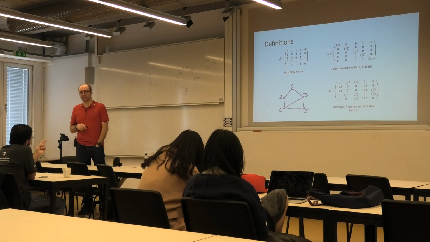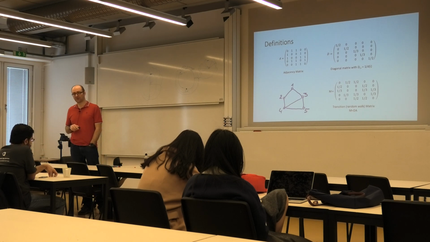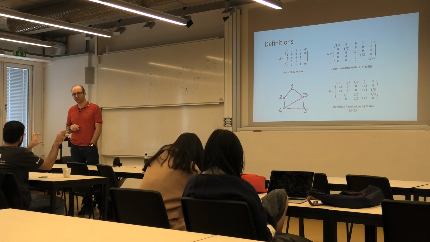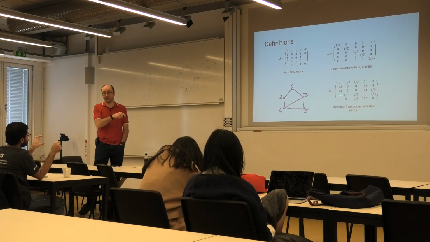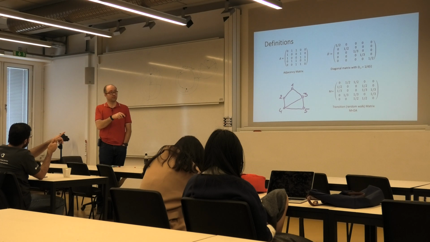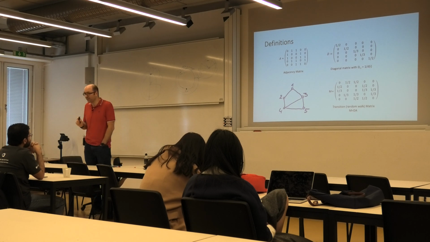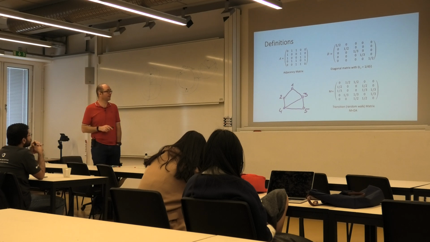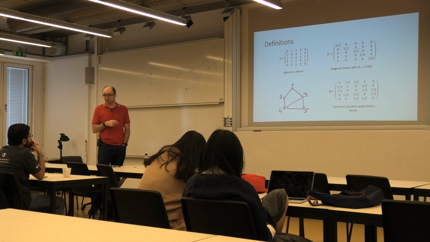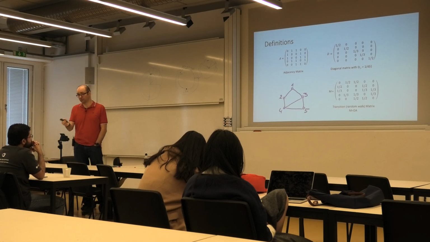The random walk matrix will not be symmetric anymore for a directed graph. But what about the diagonal? The diagonal is always symmetric. The diagonal just says what is 1 over my degree. It's always the same for any graph. But the random walk matrix would not be symmetric anymore for the directed graph.